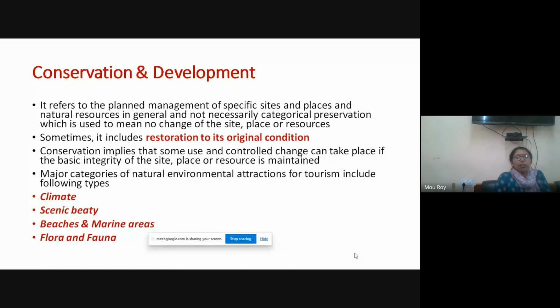We are developing, but we need to have proper planning and management of specific sites and places and the natural resources in general, which is used to mean no change of the site, place, or resources. Okay, so it is known as restoration to its original condition, and that you have to see. Now, conservation implies that some use and controlled change can take place if the basic integrity of the site or the particular place or the resources is maintained.